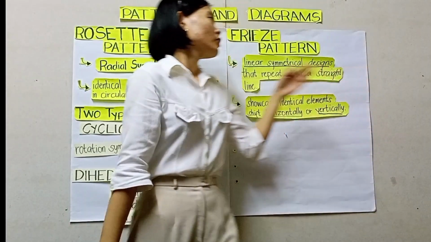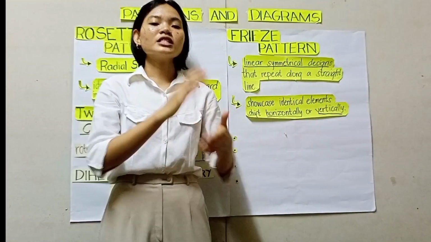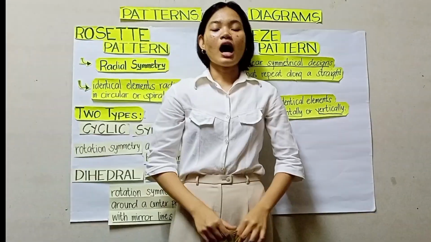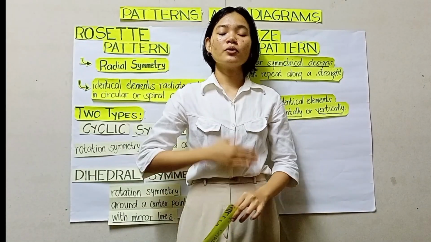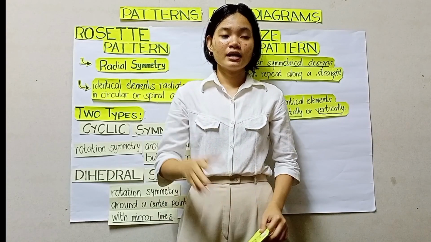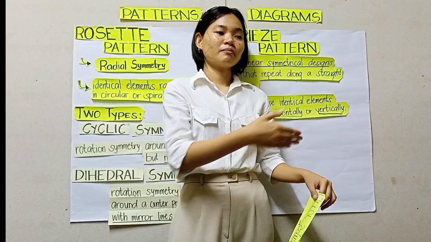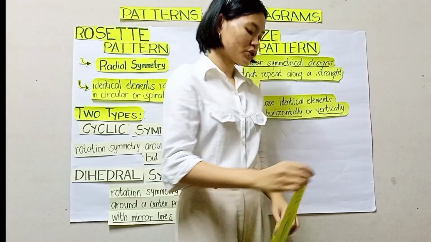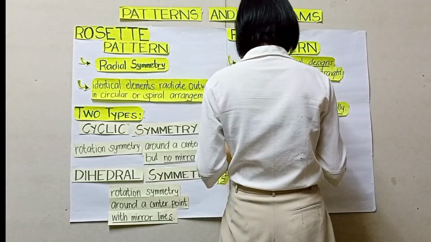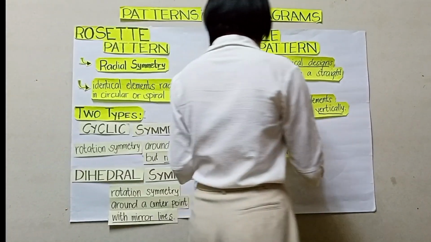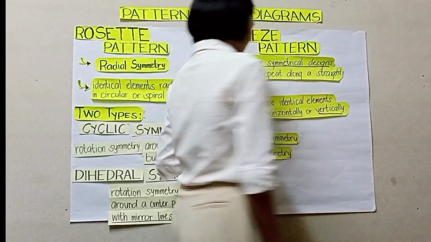Now, going back to frieze pattern, it is a combination of different symmetries. I am going to show you four symmetries that are more common in this pattern's combination. The first one is mirror symmetry. The second is glide symmetry.